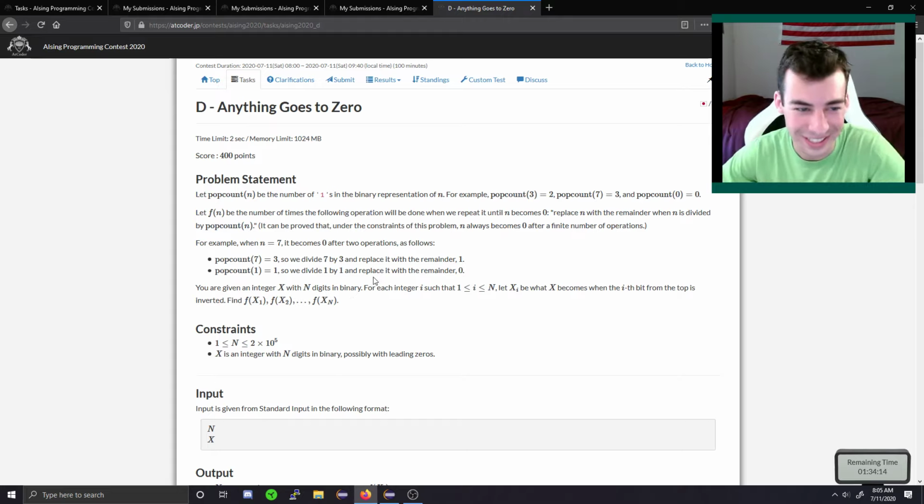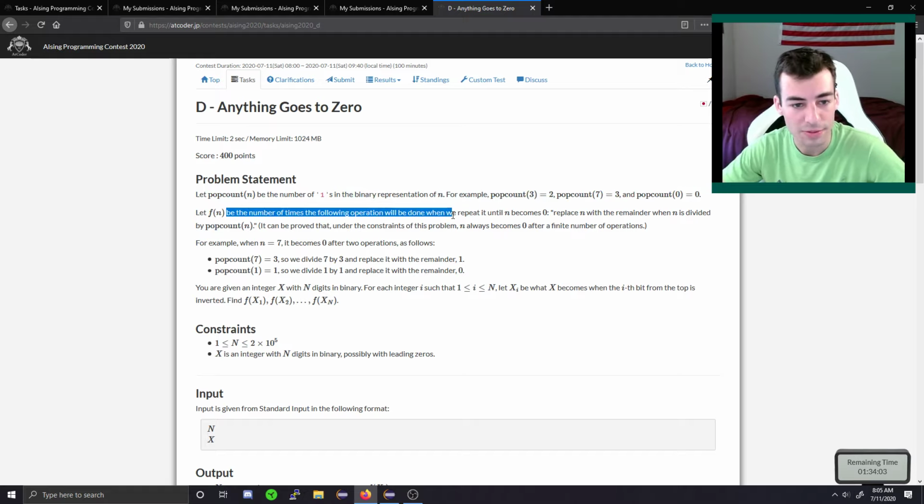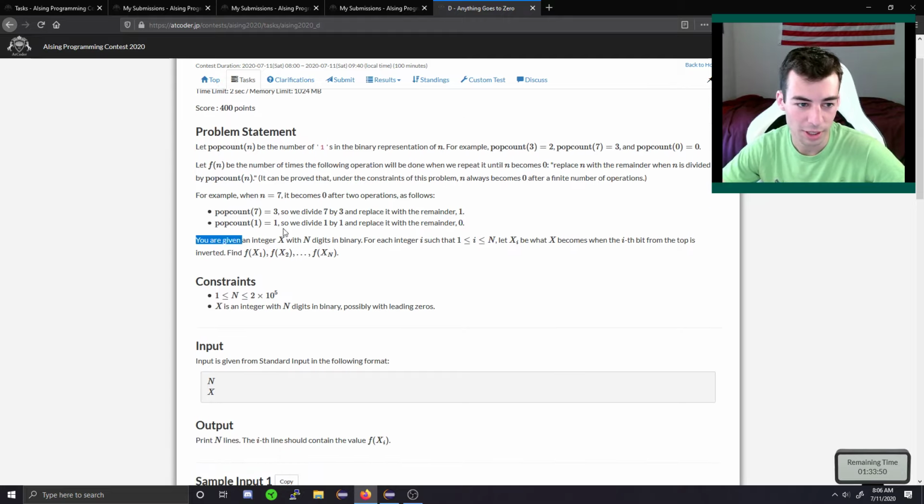I've only mindlessly run through these problems. Let popcount n be the number of ones in the binary representation of n. For example, popcount 3 is 2, popcount 7 is 3, popcount 0 is 0. Let f(n) be the number of times the following operation will be done when we repeat it until n becomes 0: replace n with n mod popcount(n). You're given an integer x with n digits in binary.